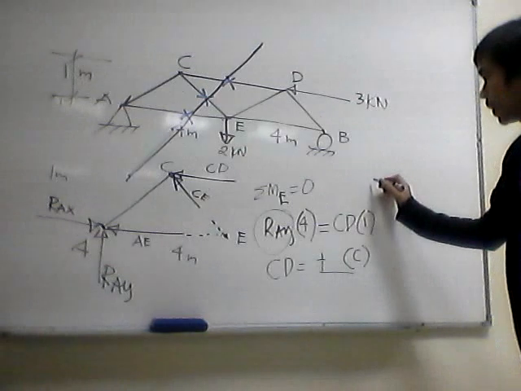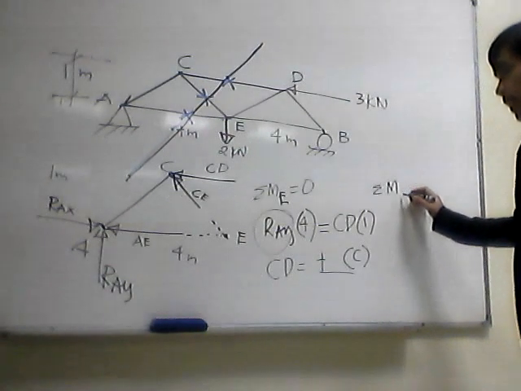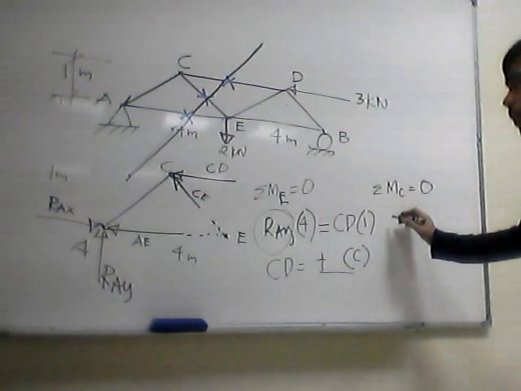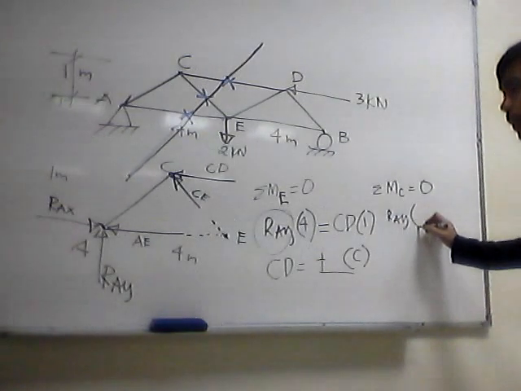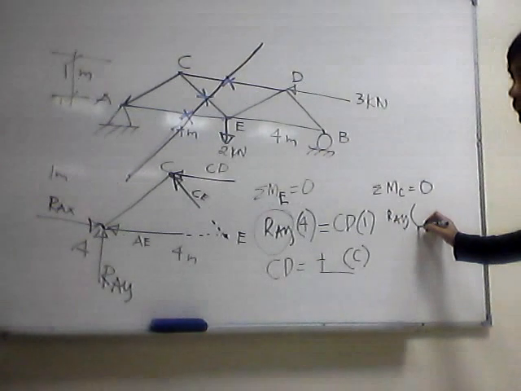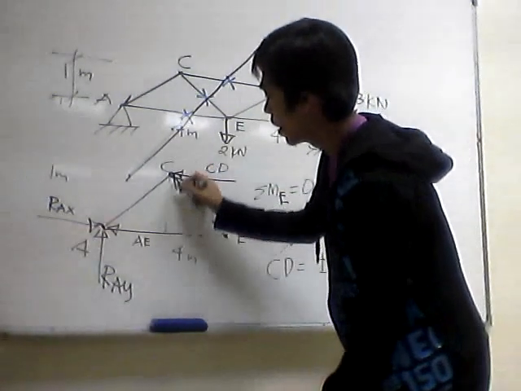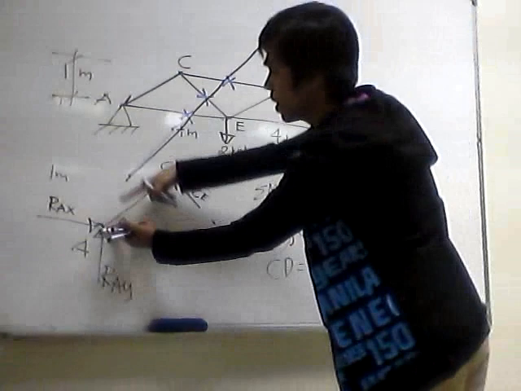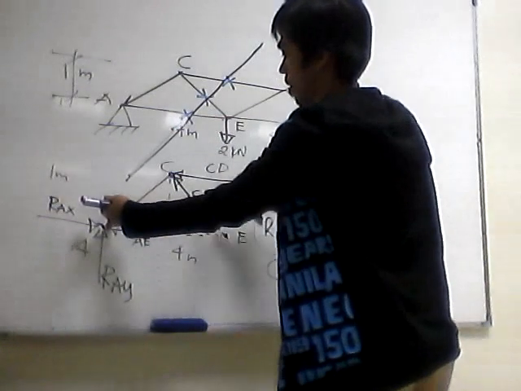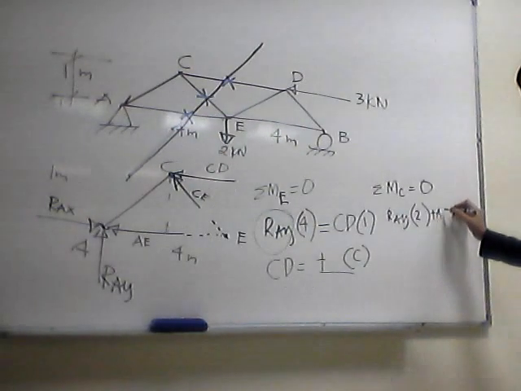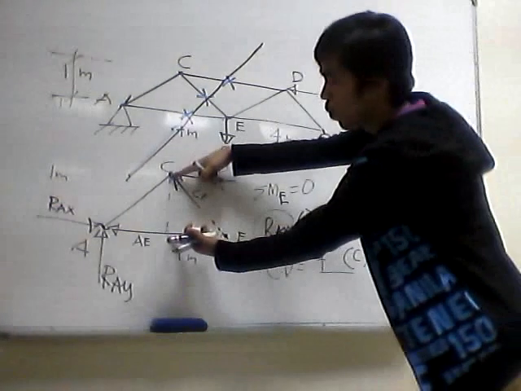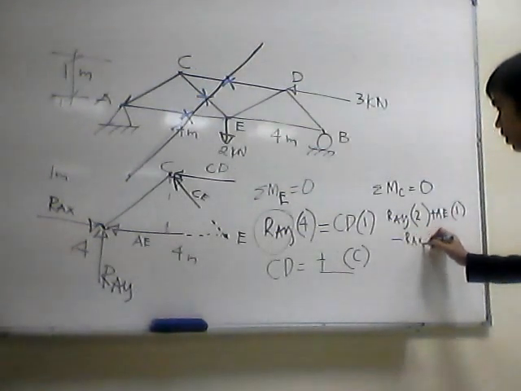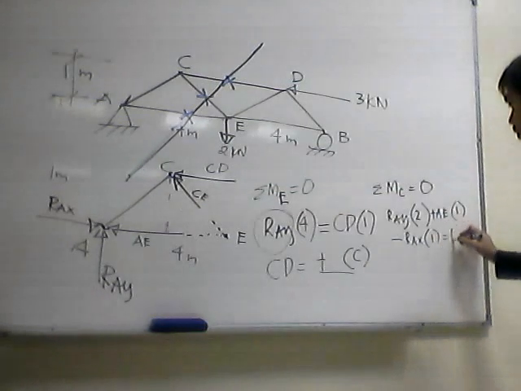Summation of moment at C equals to 0. So we have RAY multiplied by half of 4 here, that is 2, plus AE multiplied by 1, minus RAX multiplied by 1 equals to 0.